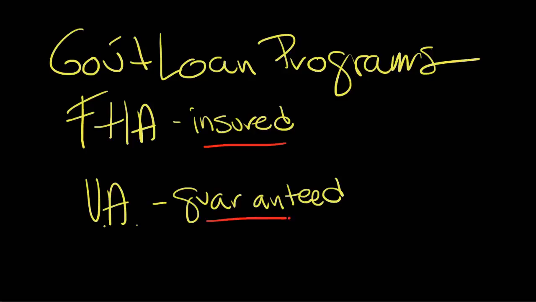The VA loan, the veterans loan, and they guarantee the loan, and the veterans loan is available for veterans based upon their time in the service. So the number of years they were in the service depends upon their eligibility for that.